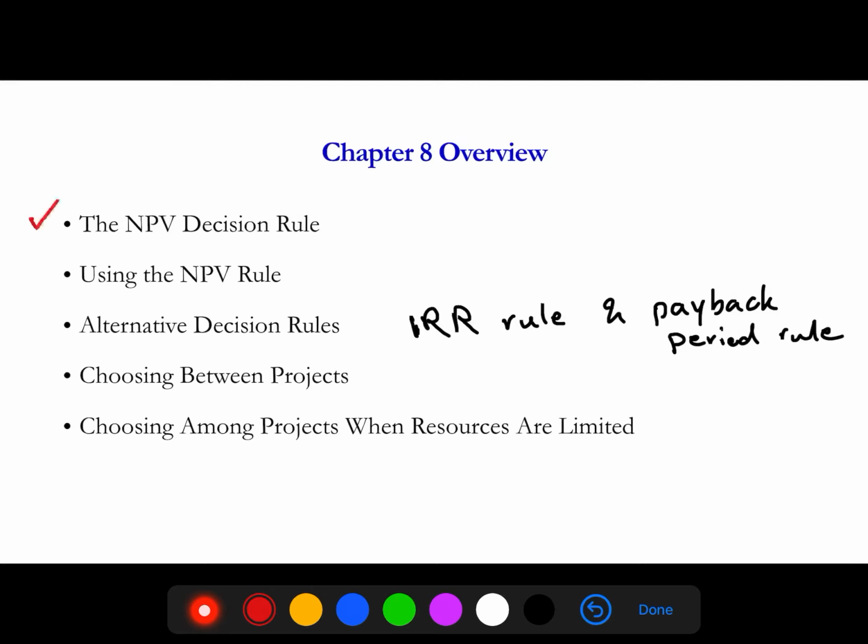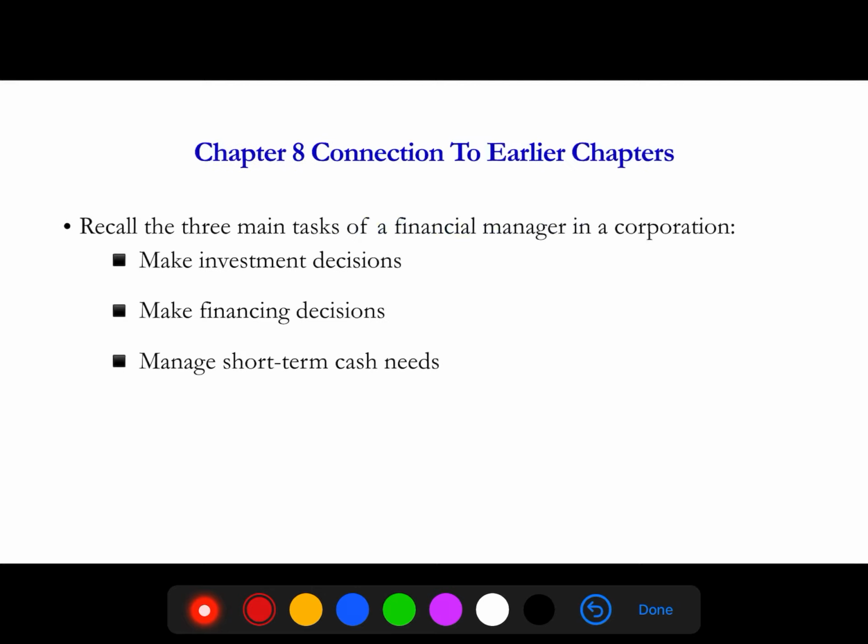But before that, let's see what the connection of Chapter 8 is to the earlier chapters. Recall from Chapter 1 that a financial manager has three main tasks in a corporation. She needs to make investment decisions, and she needs to make financing decisions.